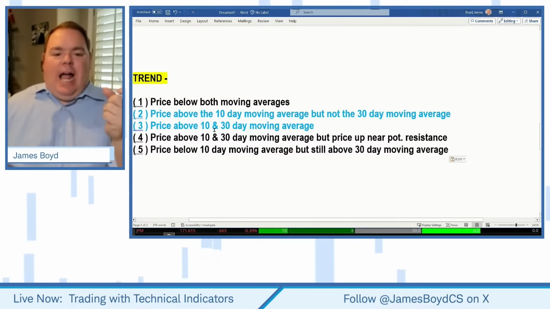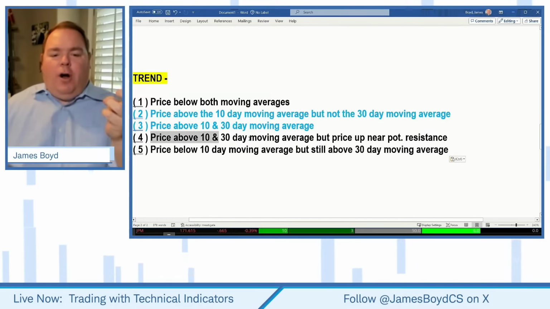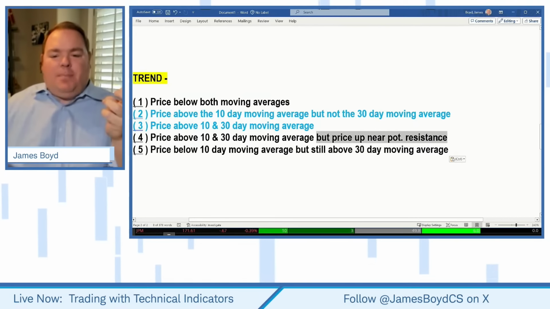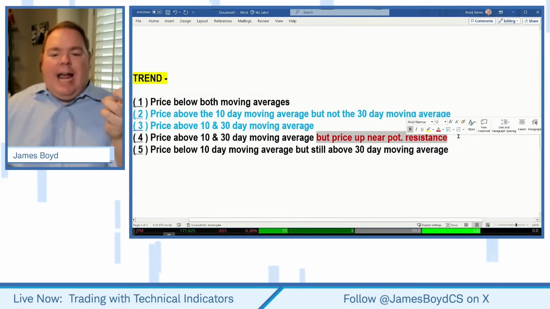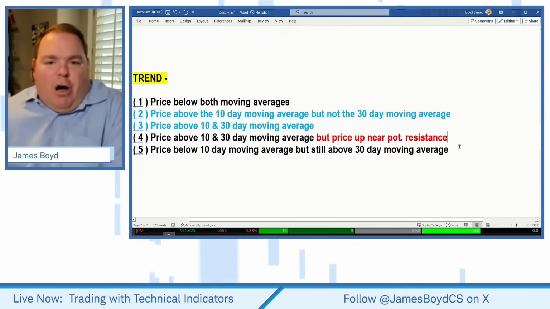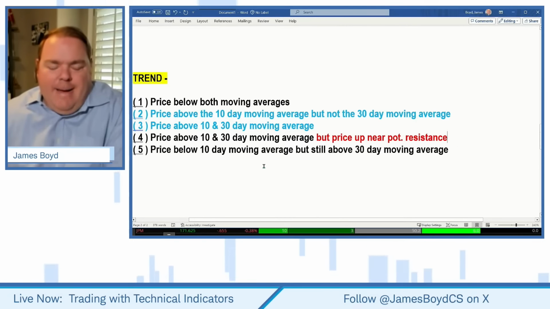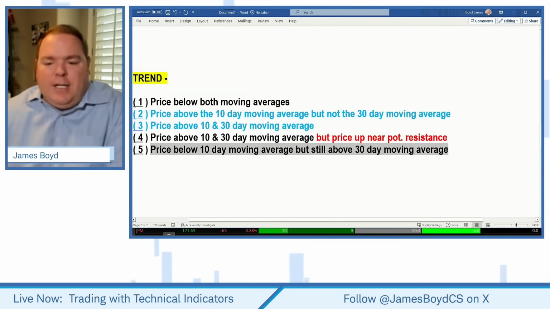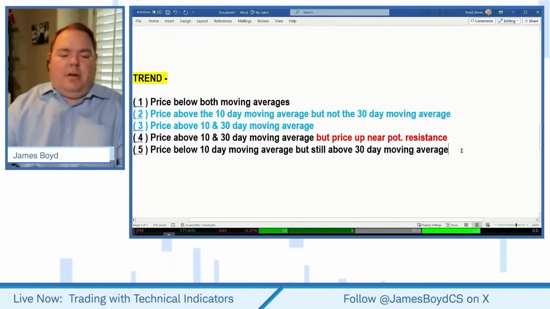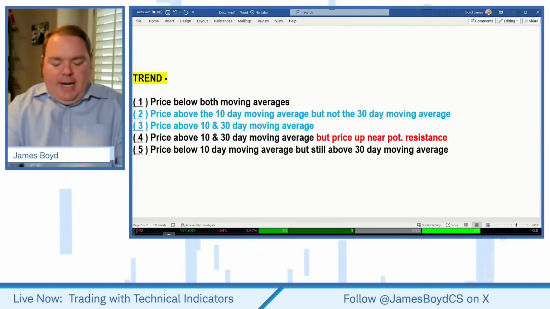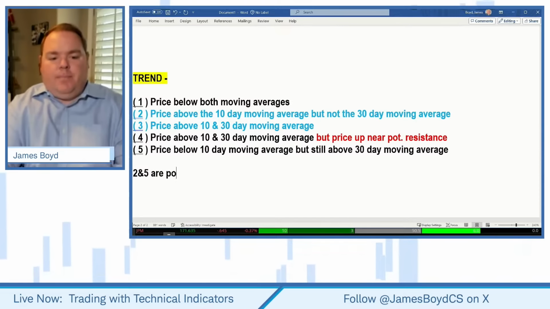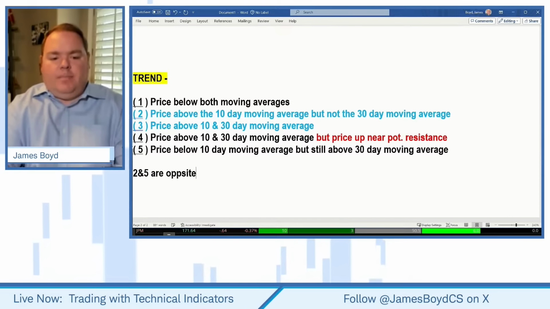Now, number 4 is above both moving averages, but it's up near a potential resistance, and it might start to stall out a little bit. The last one is 5, where the price falls below the 10 but is still above the 30 moving average. What we need to understand here is that 2 and 5 are opposite.